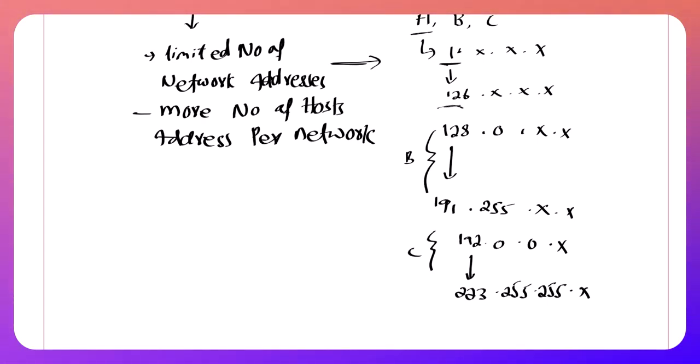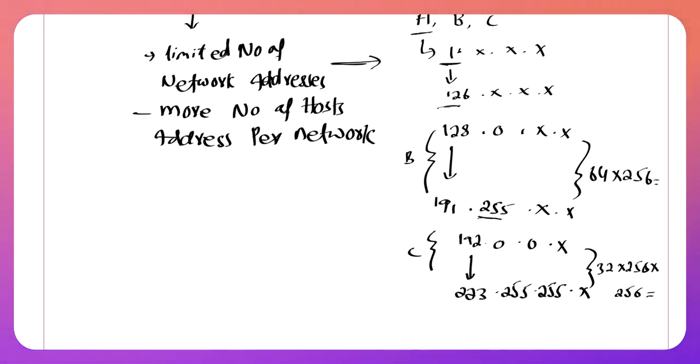126 networks are in class A. In class B we have 64 multiplied by 256. In class C we have 32 multiplied by 256 multiplied by 256.